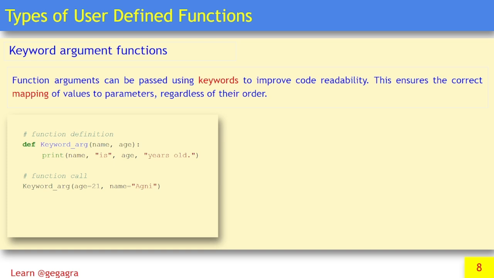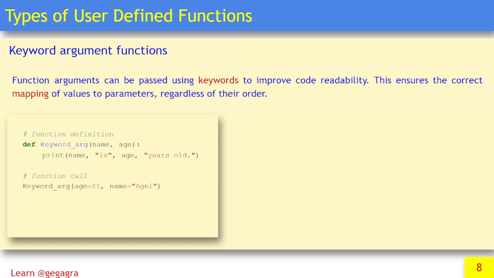If you look at the user-defined function definition, the order differs: when I call the function, name is the second argument and age is the first, whereas in the user-defined function name is the first parameter and age is the second. Just because of keyword arguments, age will take age and name will take name.